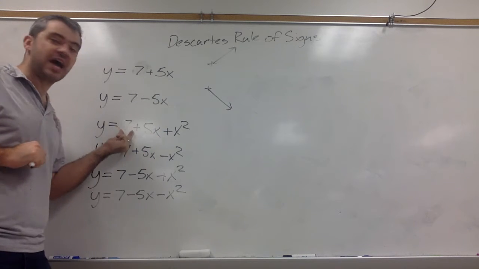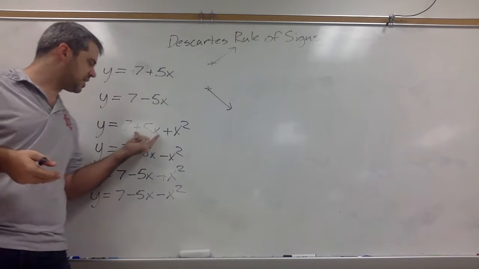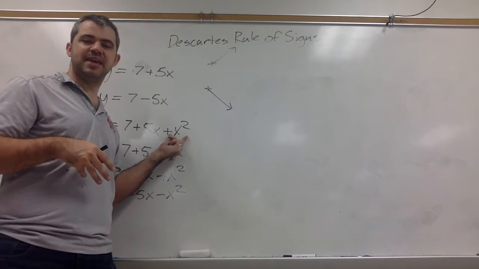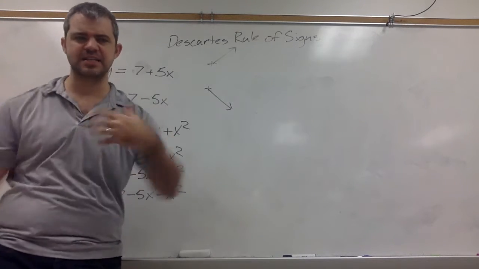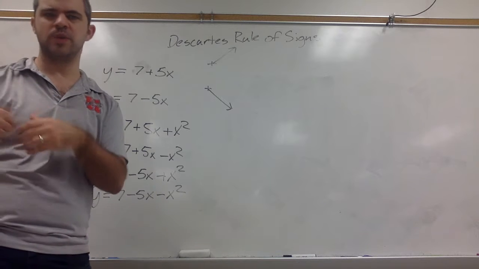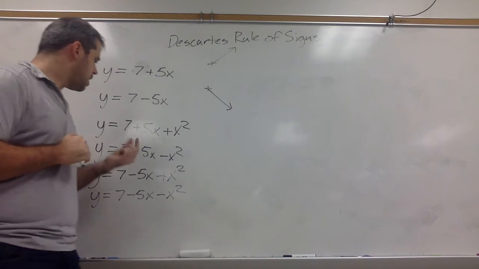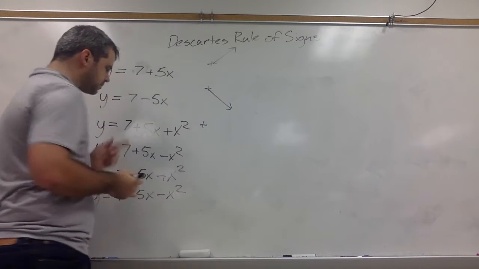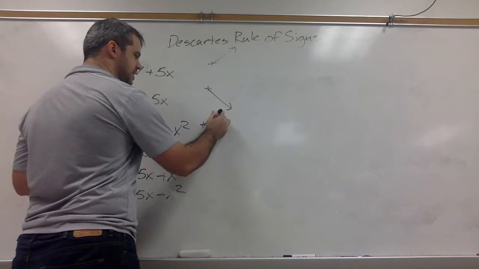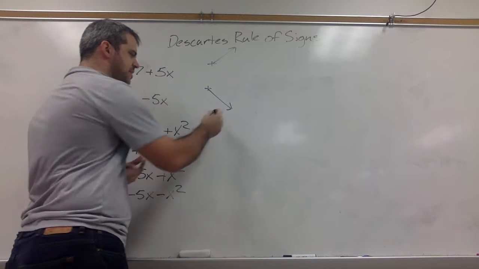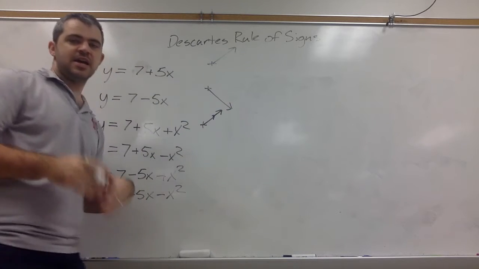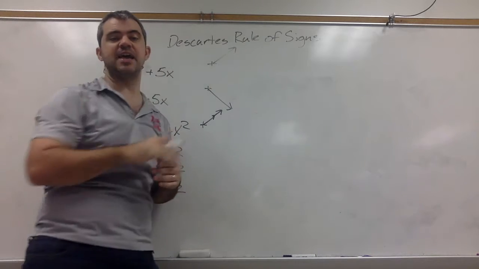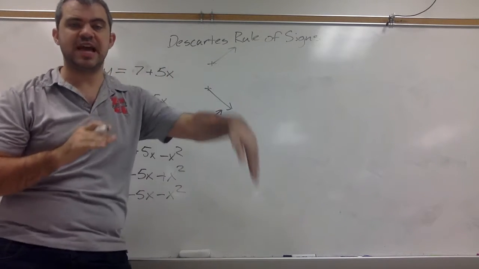Okay? So 7 at first is the big dog, and then 5x becomes kind of the driving force. And then by the end, x squared is going to kind of take over, which we learned about when we talked about end behavior. So if you look at this guy starts positive. This 5x is going to take it more positive, and this x squared is going to make it even more positive. So it starts positive, and then it just takes off.